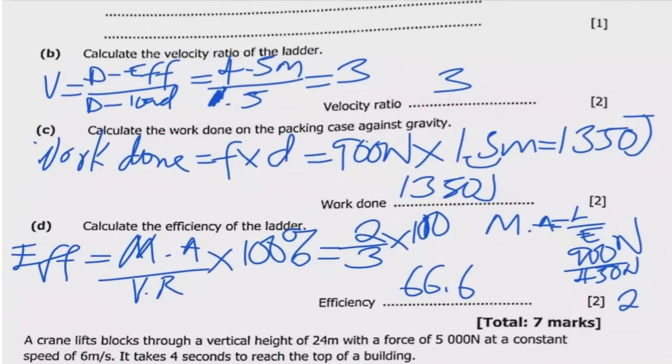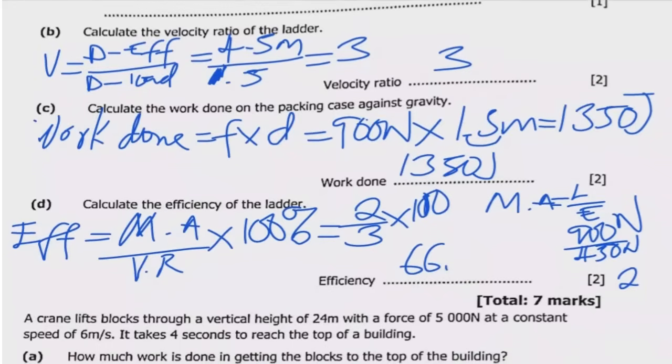If I want to write it using 1 decimal place, it's going to be 66.7, because I'm going to round off.